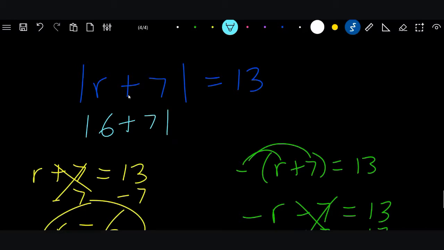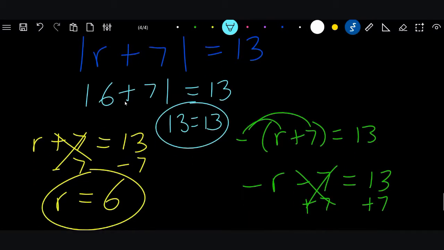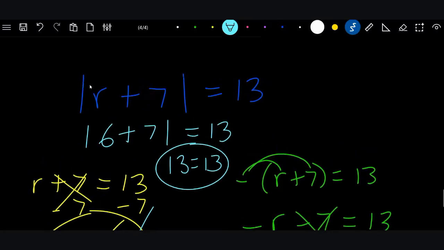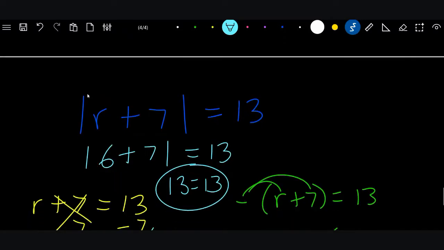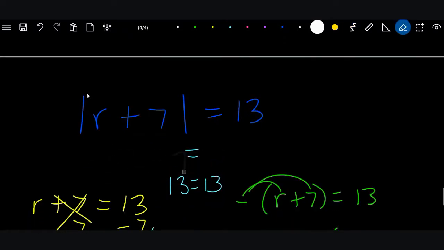So 6 plus 7 equals 13. Does 6 plus 7 equal 13? It does. So 13 equals 13. That one checks. So we're good over here. The 6 checks.